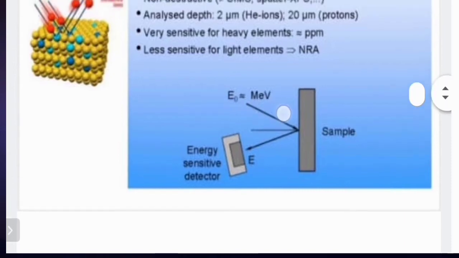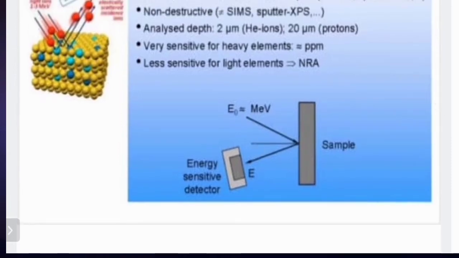So this energy change of the same particle is what we determine.